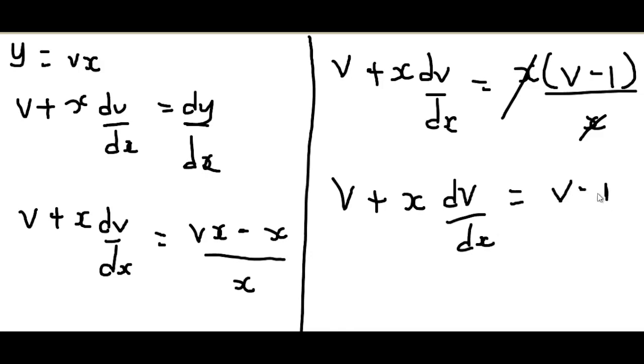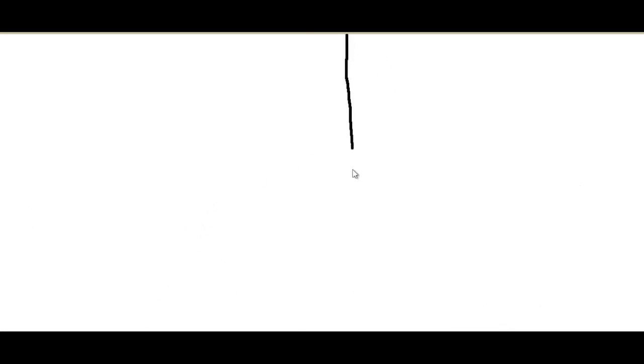So the equation remains as v plus x dv over dx equals v minus 1. We can bring our v to the other side, so we are left with x dv over dx equals v minus 1 minus v again. So v minus v is 0, and then you're left with negative 1. So it's x dv over dx equals negative 1.